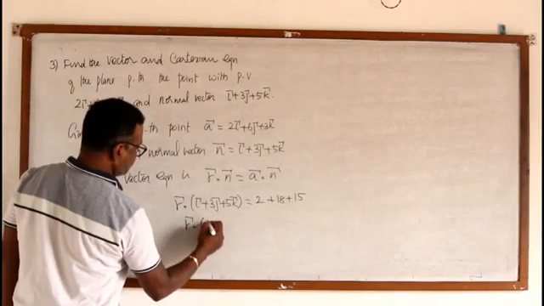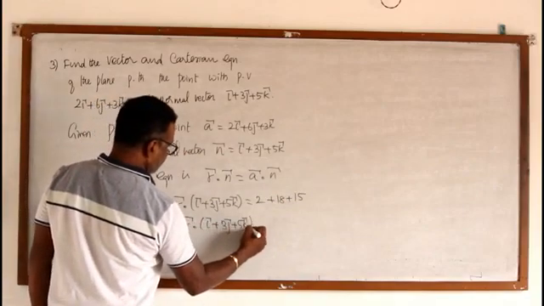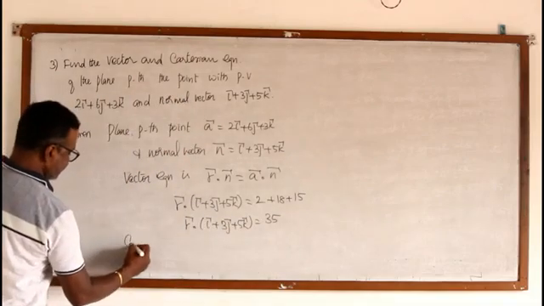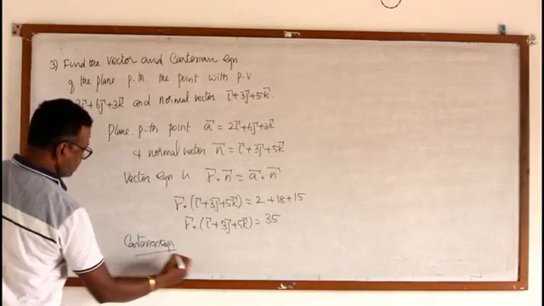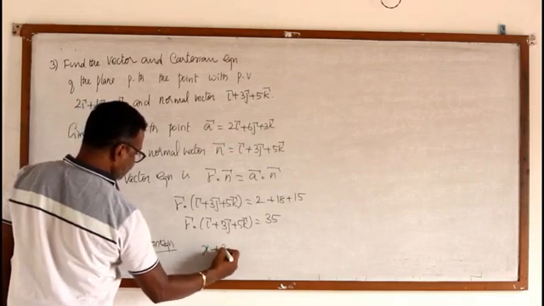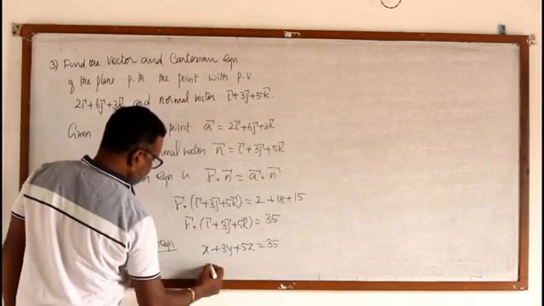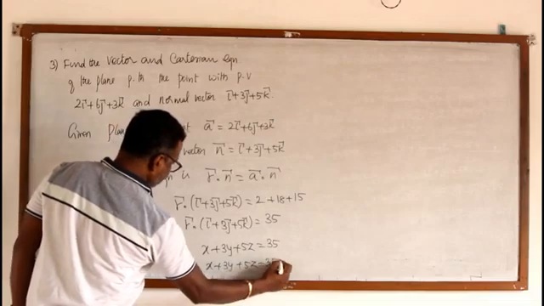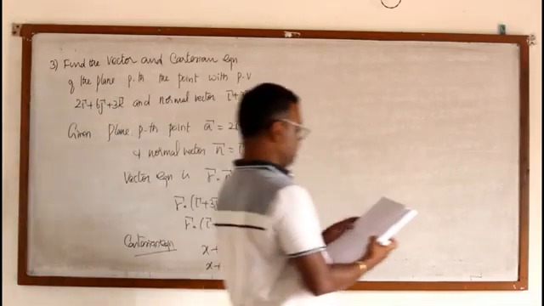Then r dot i plus 3j plus 5k equal to 35. Therefore, shall we write straightly the Cartesian equation? Instead of ijk put xyz, then x plus 3y plus 5z equal to 35. That is x plus 3y plus 5z minus 35 equal to 0. This is the Cartesian equation.